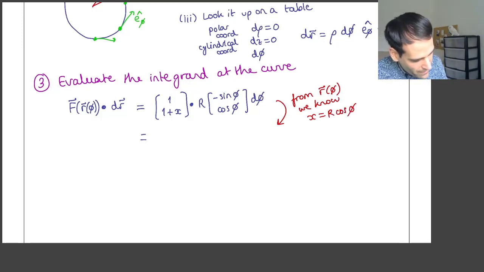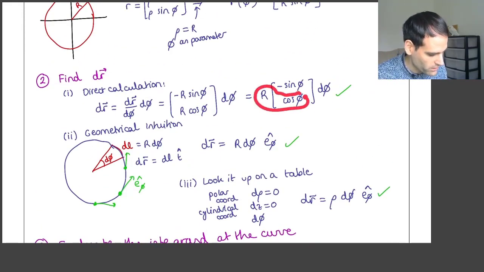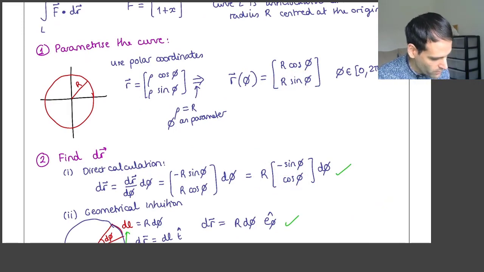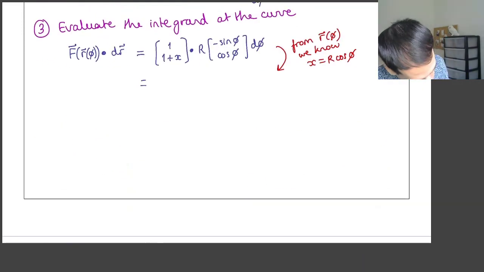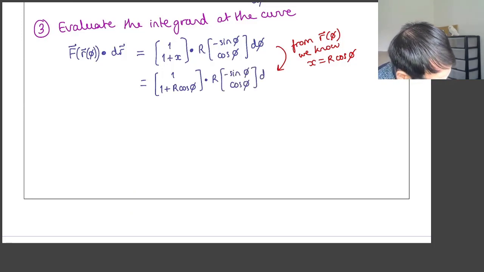If the function f had y's in it, we would have to substitute y equals r sine phi. Yeah? Okay. So we substitute that and we get 1 plus r cosine phi dot r times minus sine phi, cosine phi, d phi.